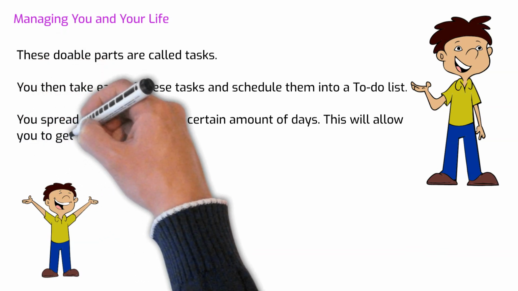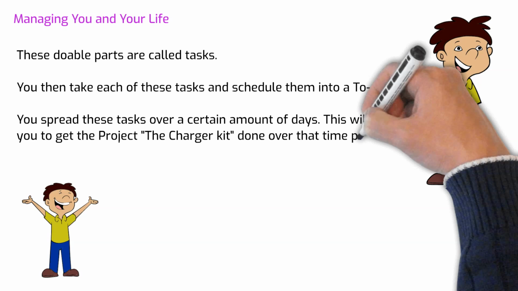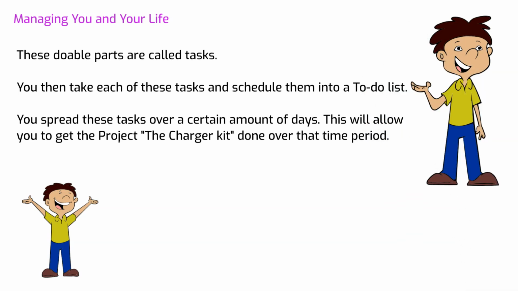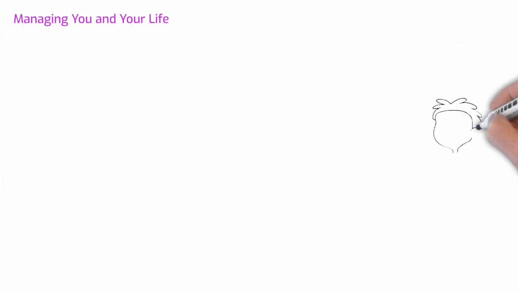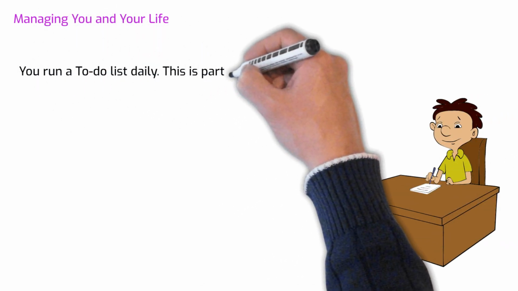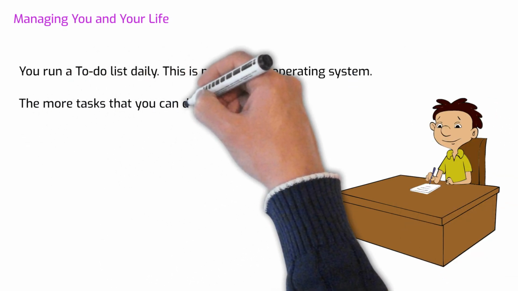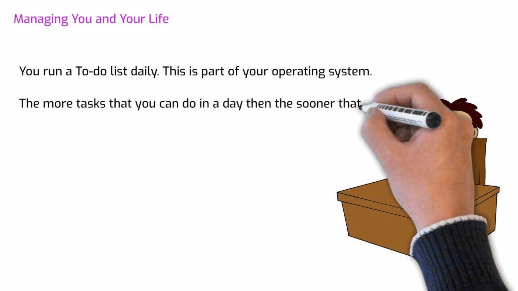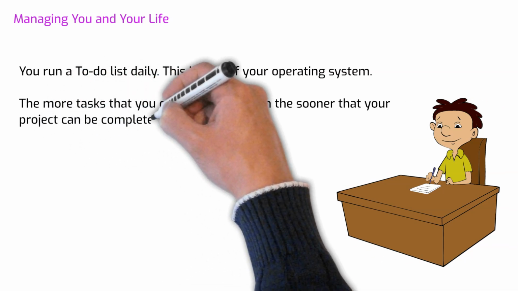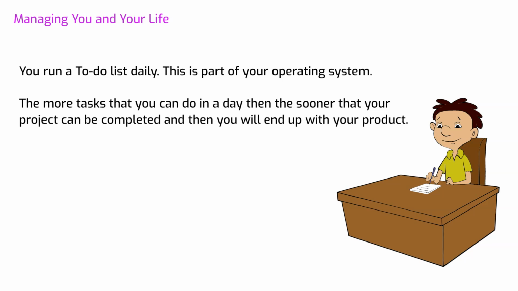This will allow you to get the project, called the Charger Kit, done over that time period. You run a to-do list daily. This is part of your operating system. The more tasks that you can do in a day, the sooner your project can be completed, and then you will end up with your product.